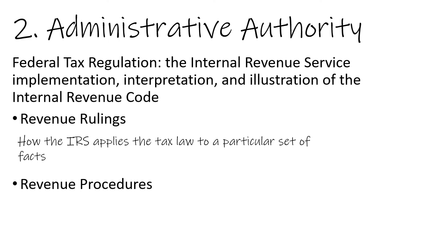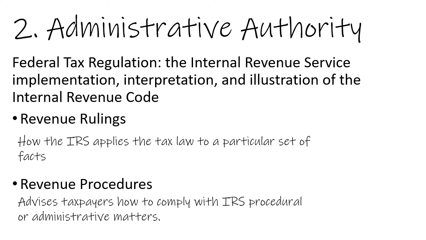These revenue rulings don't have the weight of law, but they do provide good guidance to what the IRS will do in similar cases. And likewise, the IRS also issues procedures that advise taxpayers how to comply with different IRS procedural and administrative matters.